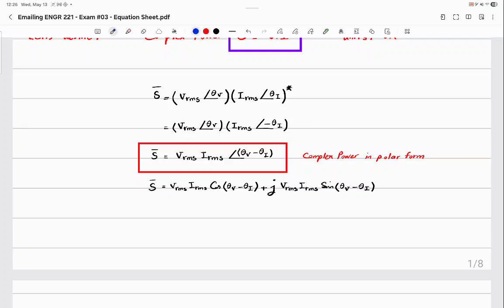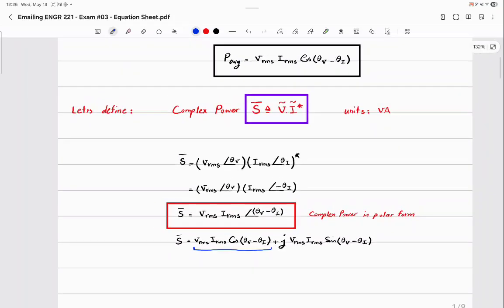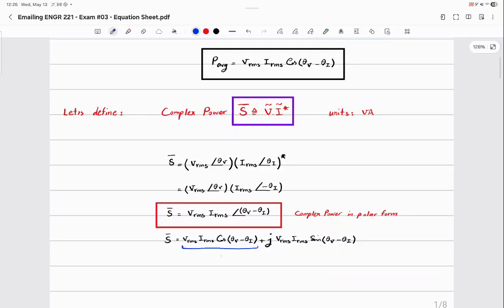Is the real part of this guy familiar to you? That's the average power. From now on, I may just use P instead of P average.